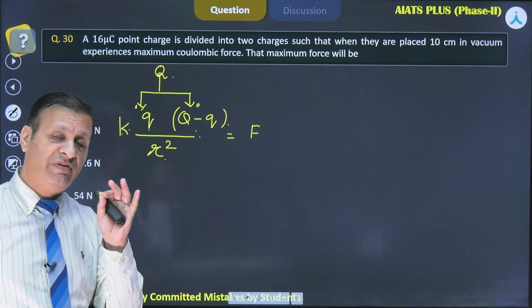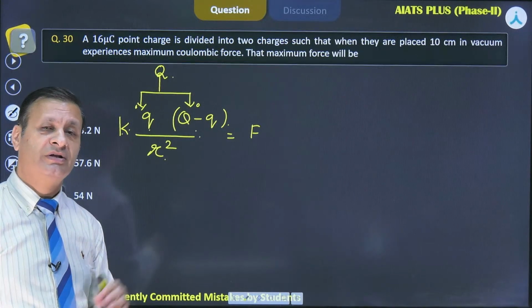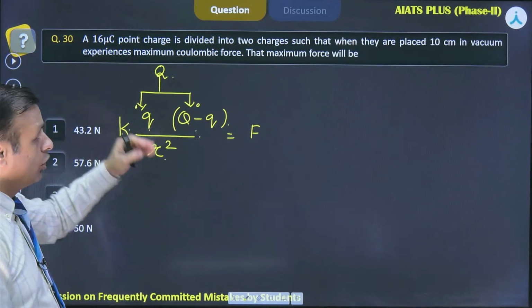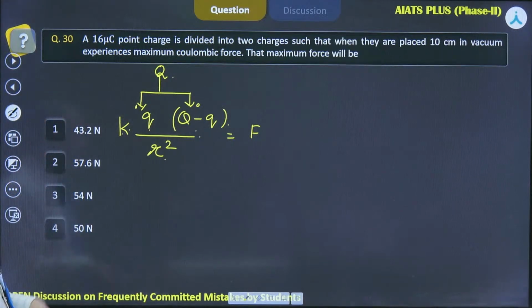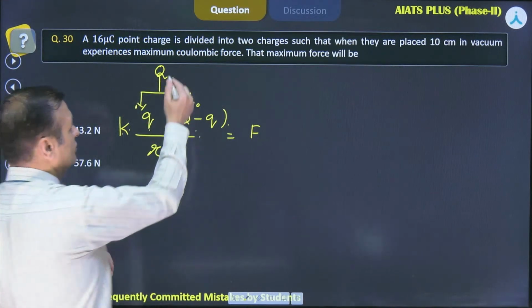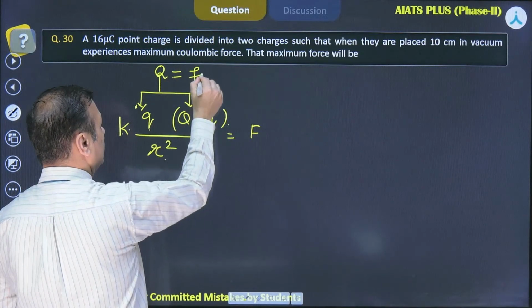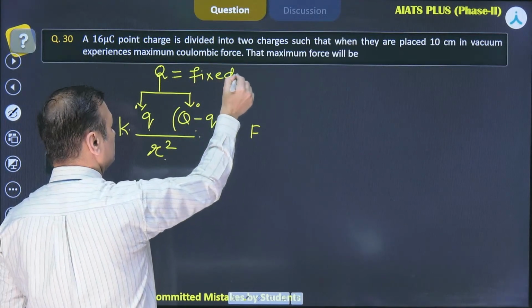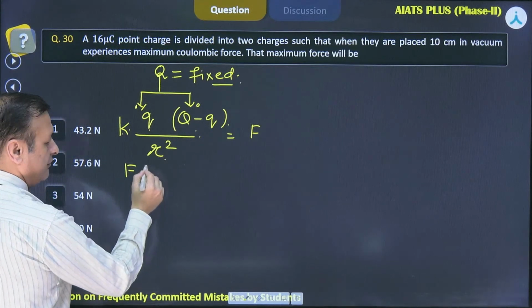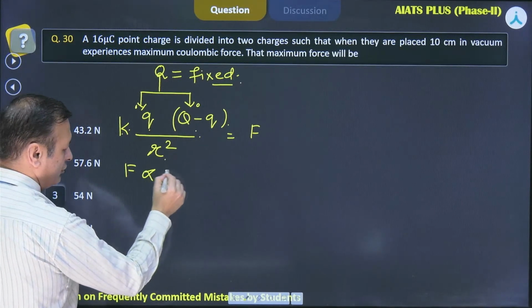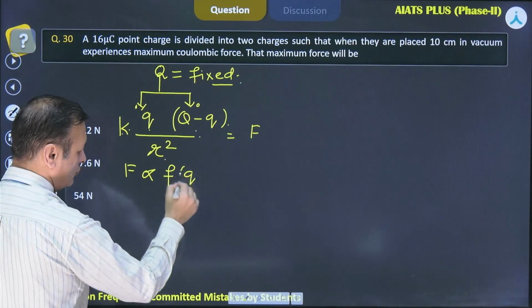I am developing a very fine, very fundamental concept that would help you attempt all these varieties of questions in just one click. Just pay attention. This charge capital Q is definitely a fixed charge. Can you see this force is a function of small q?